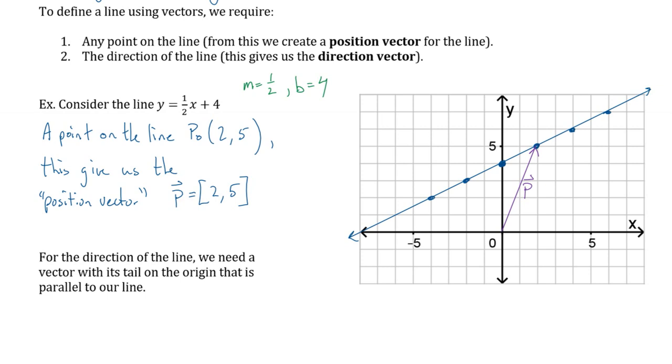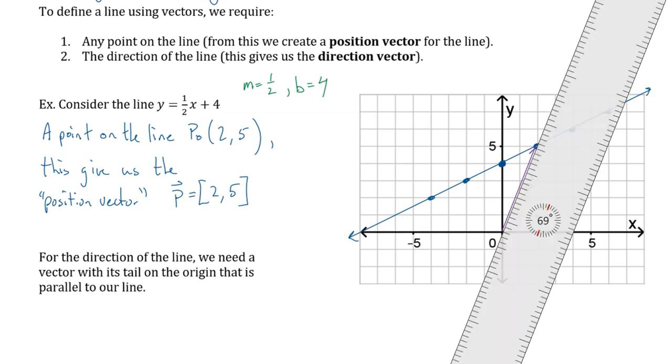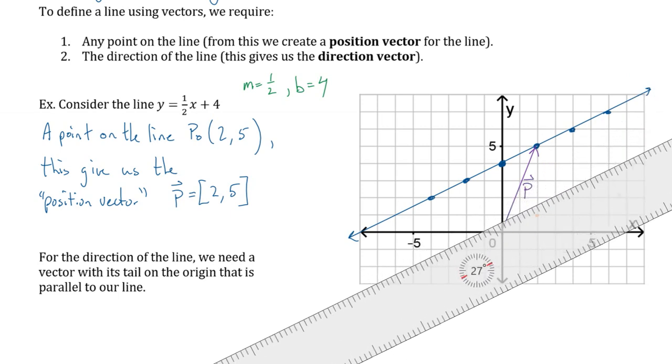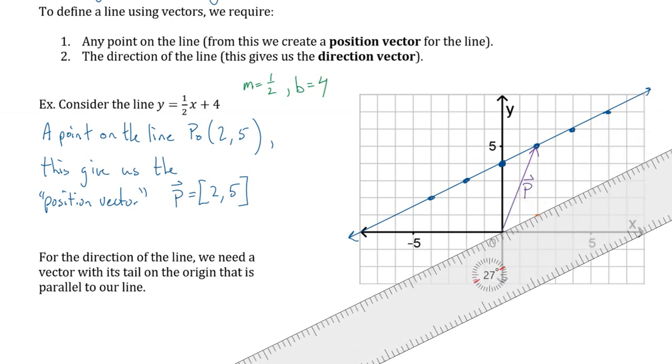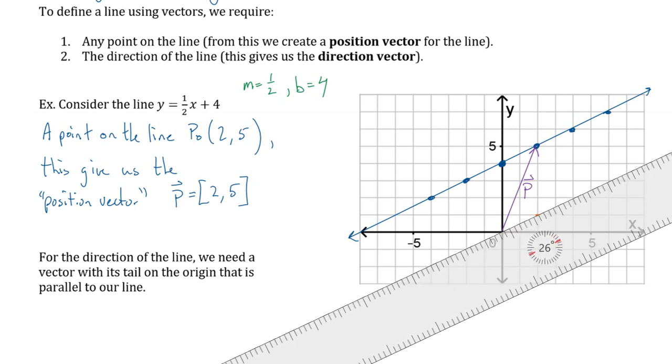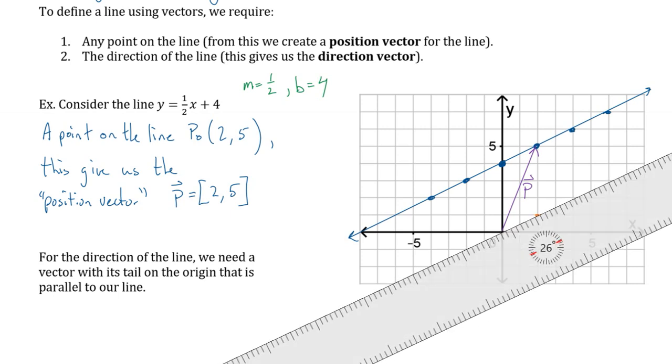So how would I be parallel? Well, parallel has to do with slope, and the slope of this is up 1 over 2. So from the origin, I am going to go up 1 over 2, and I'm going to put the tip there, and the tail, again, has to be at the origin.